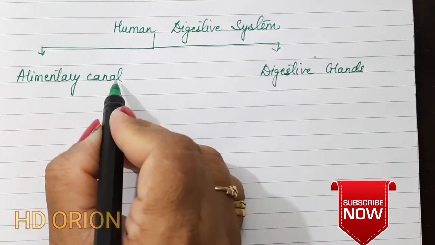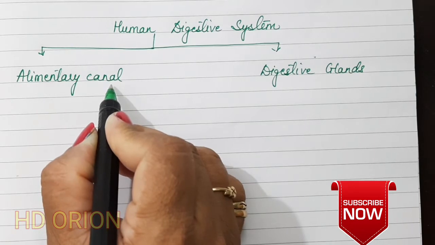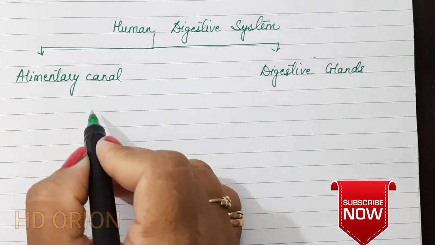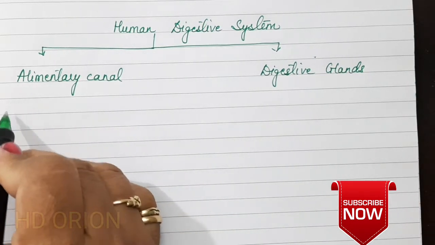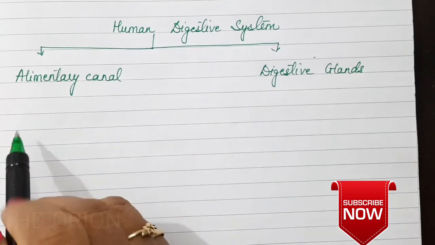The alimentary canal starts from mouth and ends up in anus. This is almost 6 to 9 meters in length. We will be seeing it in detail later. Let us see what are the parts or the organs which form the alimentary canal.